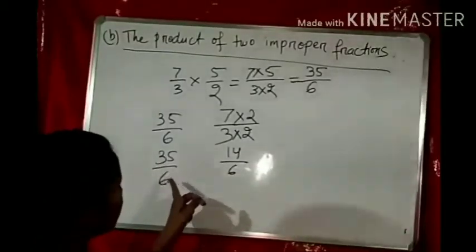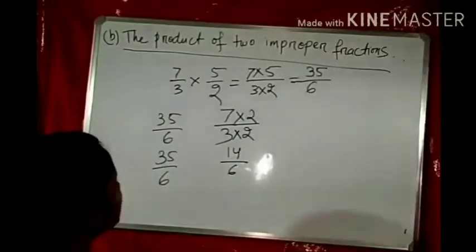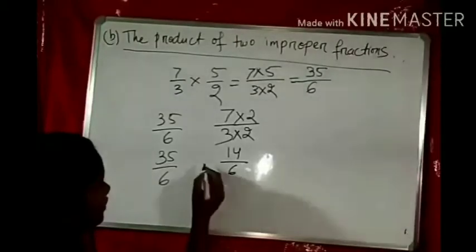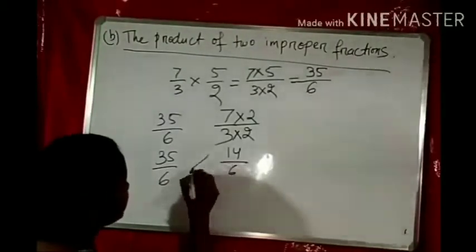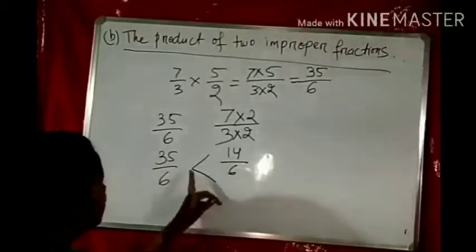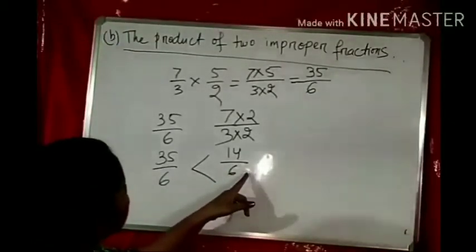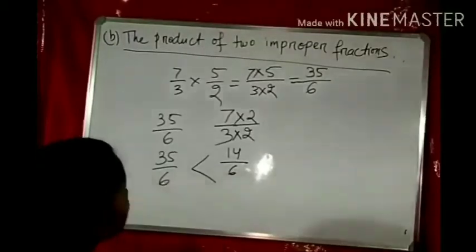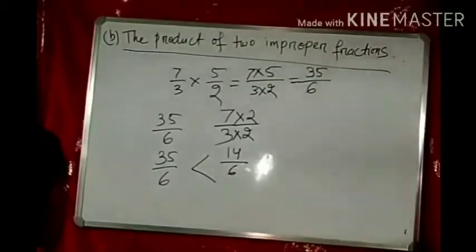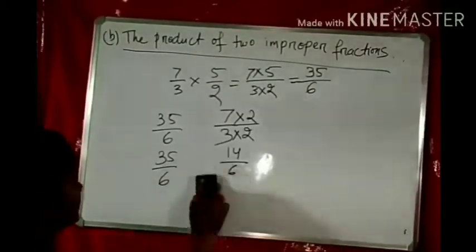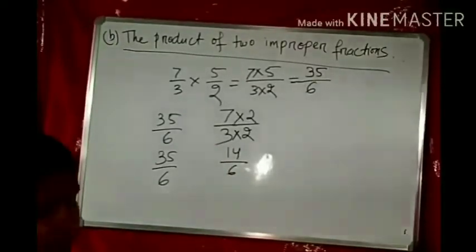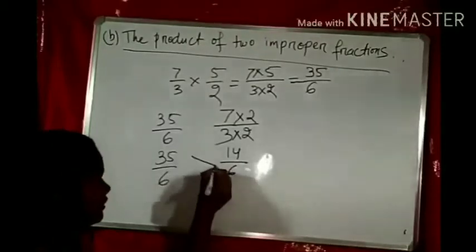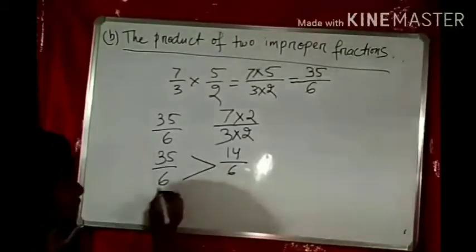So from 35 by 6 and 14 by 6, which one is greater? 35 by 6 is greater than 14 by 6.